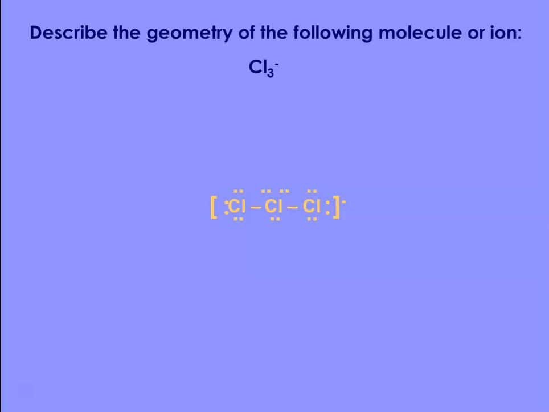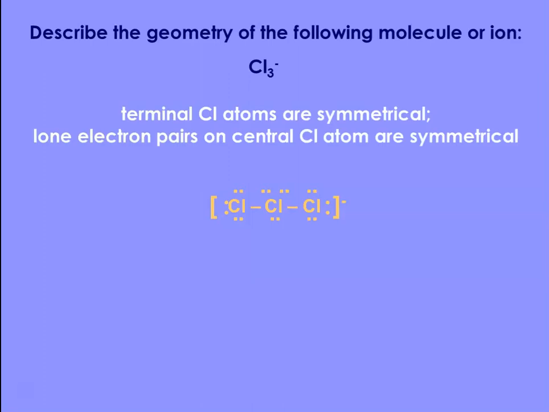With the lone electron pairs, remember that they are 120 degrees apart from one another. So there's actually symmetry among those lone electron pairs as well. And because there's symmetry among the lone electron pairs and among the bonds, that particular ion is going to be nonpolar.